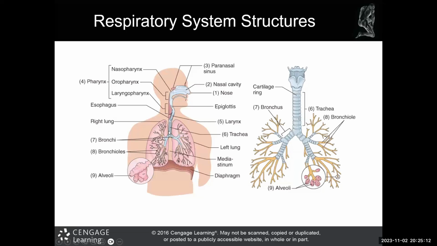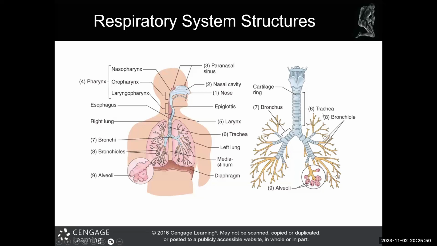The esophagus, which we swallow through, is behind the trachea. The trachea then goes into the bronchi, the left and the right bronchi, which then go into the smaller bronchioles, and then into the alveoli.